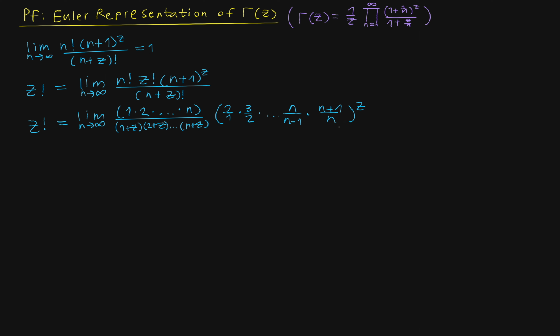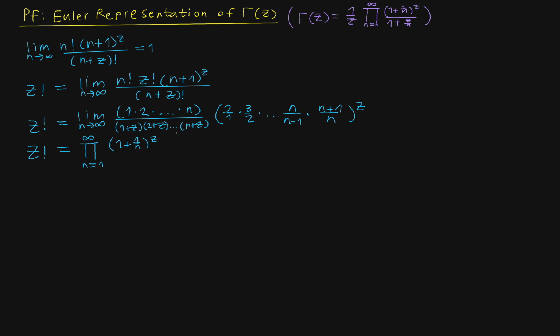And now with this, we can just take this to be an infinite product. So we have z factorial is equal to the infinite product, n from 1 to infinity. Now for this part over here, we can write the term as, again, n plus 1 over n, but normally what we do is we split up the fraction, so we have 1 plus 1 over n, and this is still raised to the z.